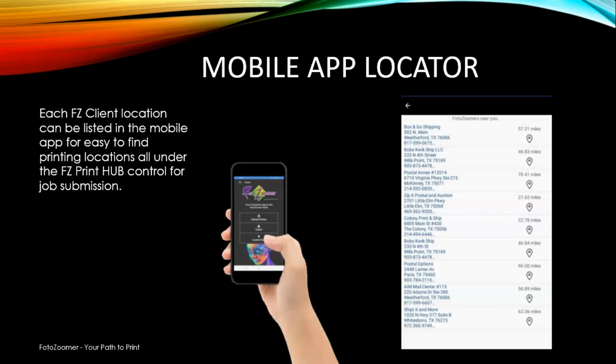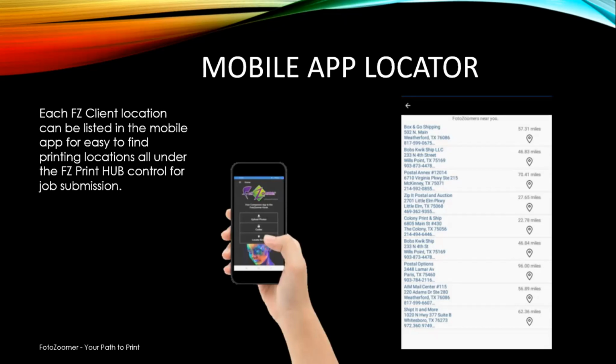We'll also give them a list of those locations. So when they're Google searching photo printing or blueprints or banners, if there's a location close to them, it will populate not only the address, but if they click on the location they want to go to, it will open up their mapping system and direct them to that location.